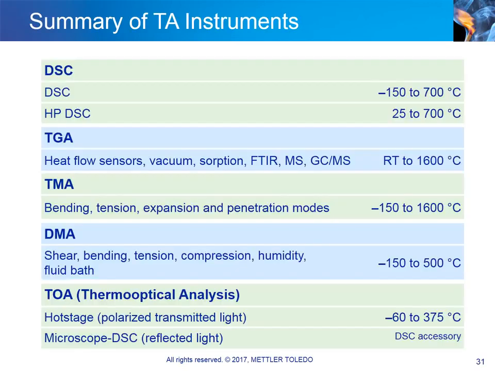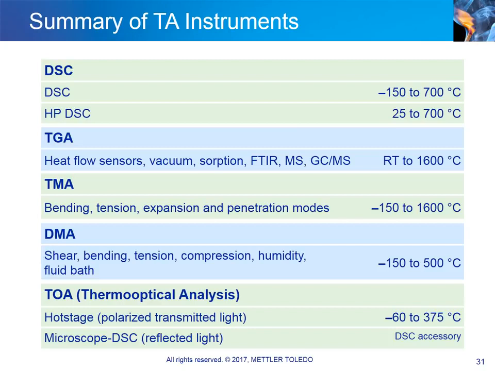This slide gives an overview of the temperature ranges available on Mettler Toledo DSC, TGA, TMA, DMA, and TOA instruments. Depending on the specific cooling accessories, DSC experiments can be performed at temperatures between minus 150 degrees Celsius and plus 700 degrees.